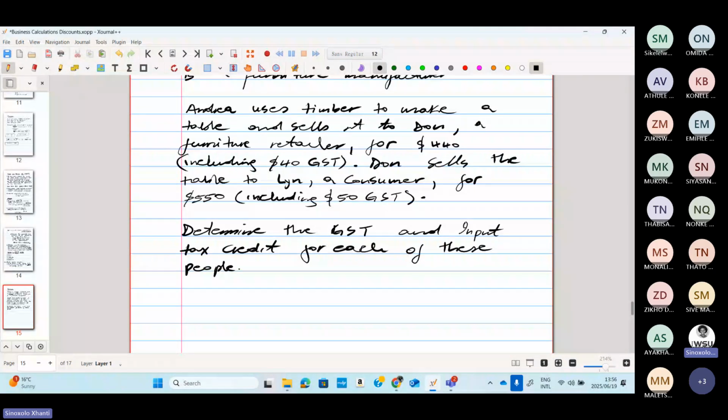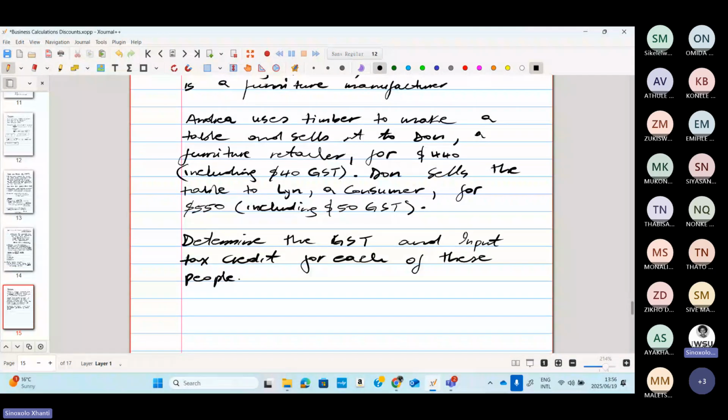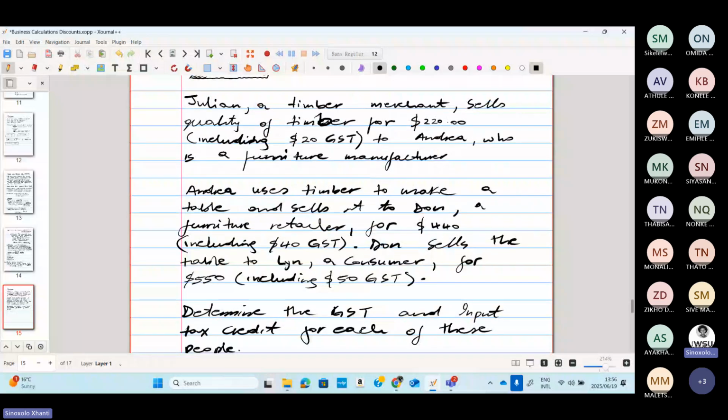So I want you to do this problem as homework. You have Julian, a timber merchant, who sells quality timber for $220, including the 20 GST, to Andrea, who is a furniture manufacturer. Andrea then uses this timber to make a table and sells it to Don, a furniture retailer, for $440, including 40 GST.